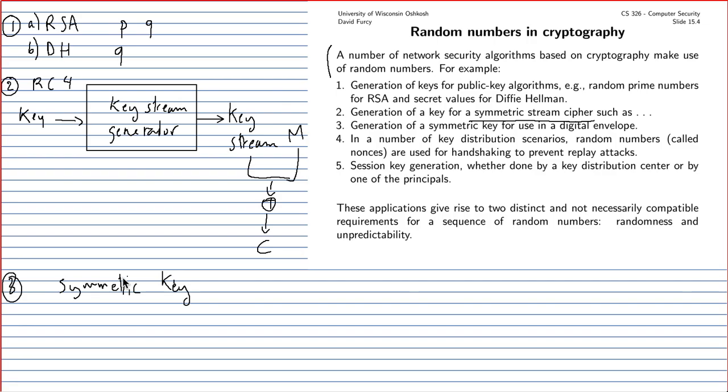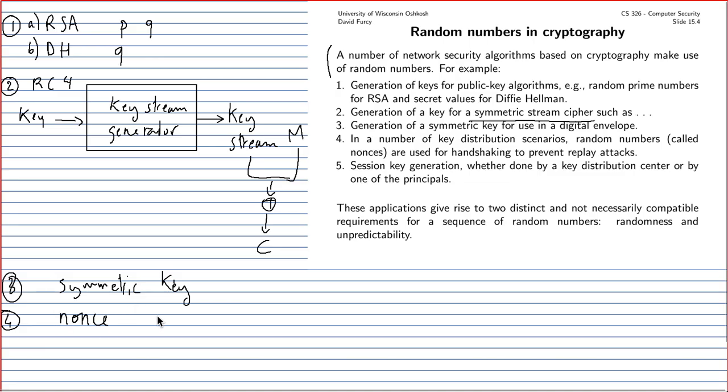Now, these are applications that we already talked about. The fourth one is something that we have yet to talk about, but these are scenarios called key distribution scenarios in some popular security suites where we have either a key distribution center or some kind of a handshaking protocol that requires the use of numbers called nonces.